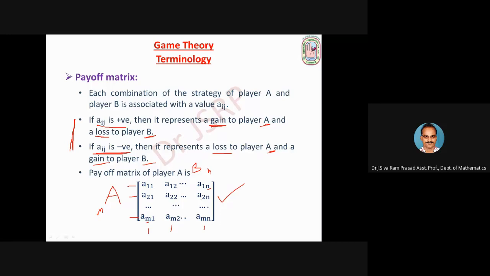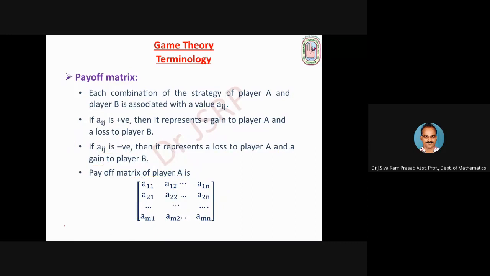The payoff matrix is always given with respect to player A. That means if a particular entry is positive, it represents gain for player A and loss for player B. If an entry is negative, it represents loss for player A and gain for player B. So that is about the payoff matrix.